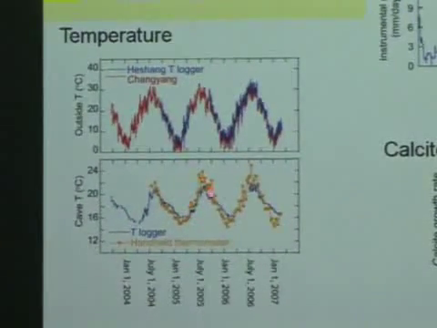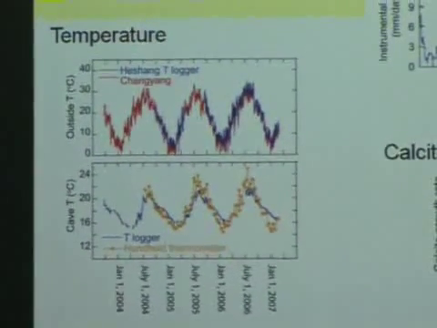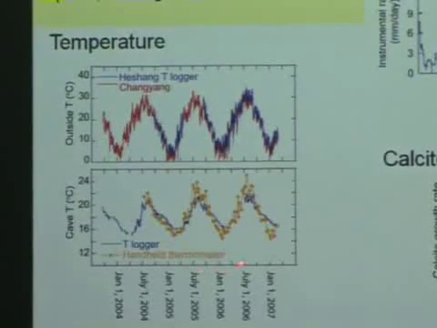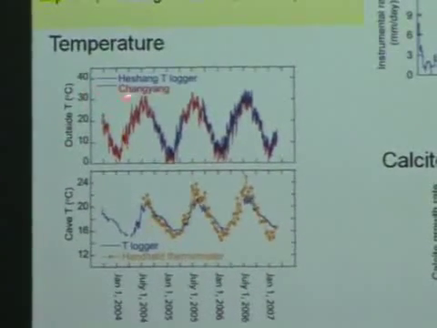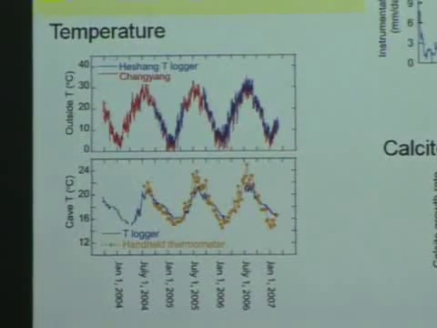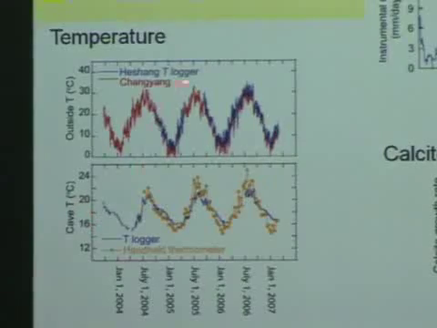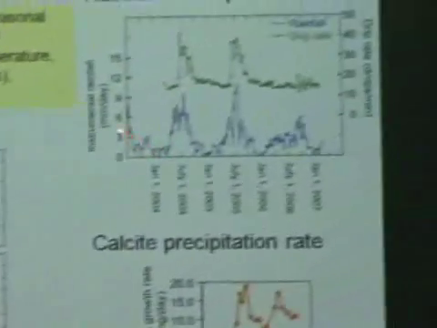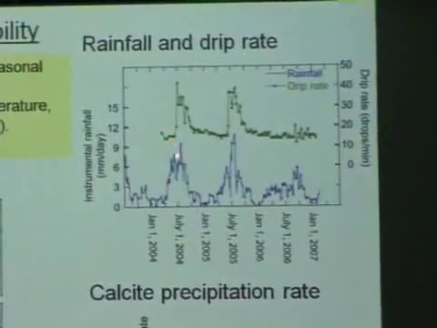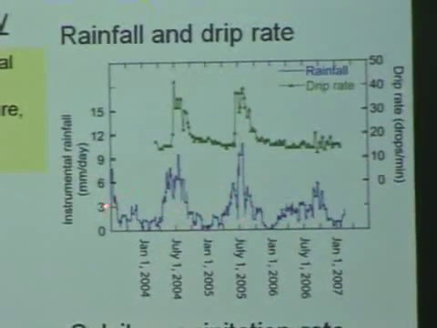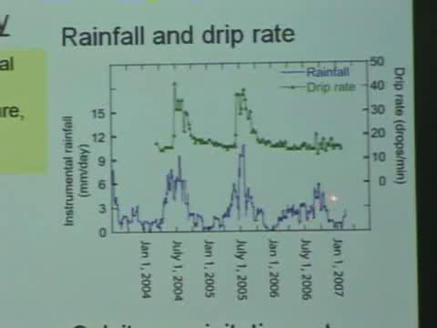Because it's a fairly shallow and open cave, it does have about a 6 degree Celsius temperature cycle, which is directly in phase with the temperature outside the cave, shown up here, but damped relative to that signal. We also see, shown in blue here, rainfall, in millimeters per day, instrumental rainfall from a nearby site.